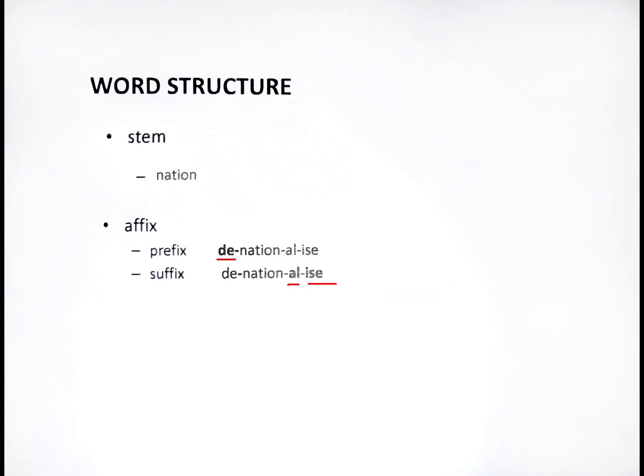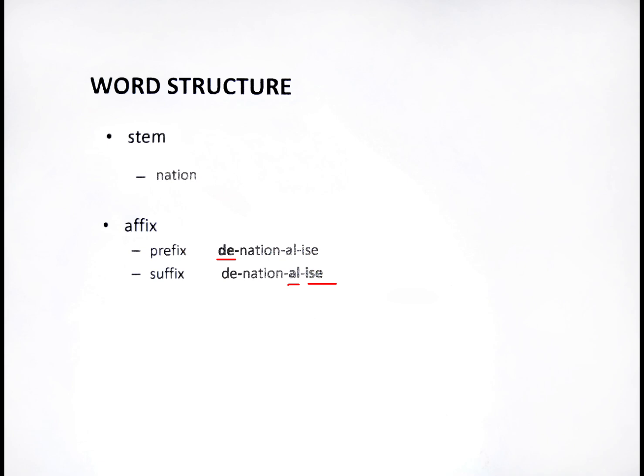right? So last but not least, I want to pick another word, denationalize. So in this word denationalize, its stem word is nation. So we can see denationalize has 2 suffixes ways of forming a word and 1 prefix way of forming a word, right?